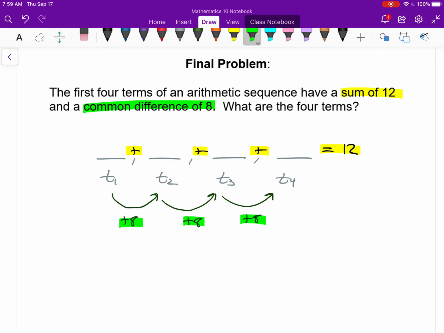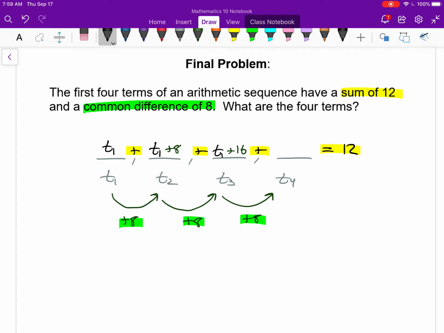So I'm trying to find the first four terms. Well, if I look at my setup here, I'll just call this T1. Okay, that's my first term. My second term is going to be the same as T1 plus 8. My third term is going to be the same as T1 plus 8 plus 8, or plus 16.